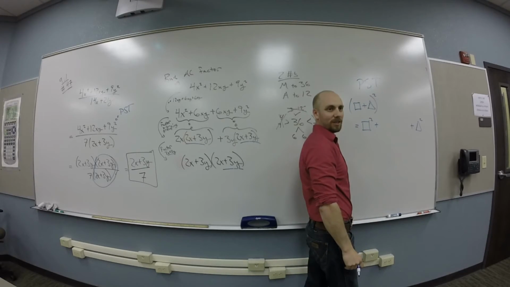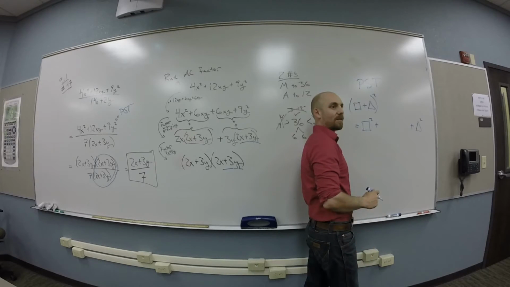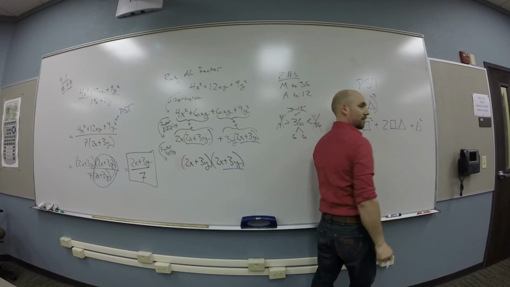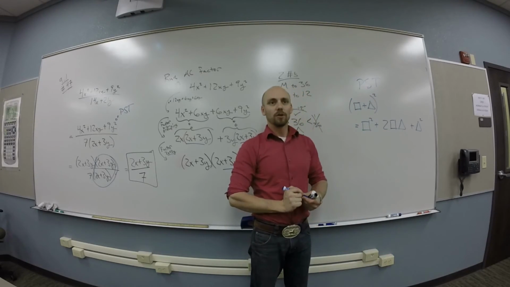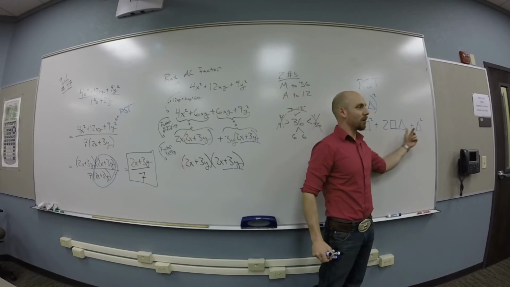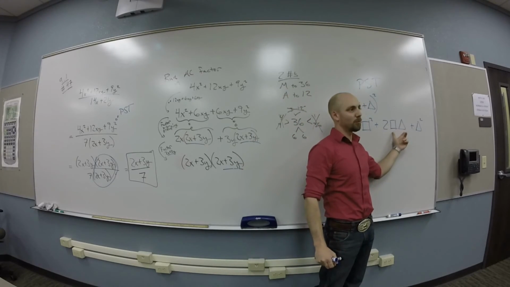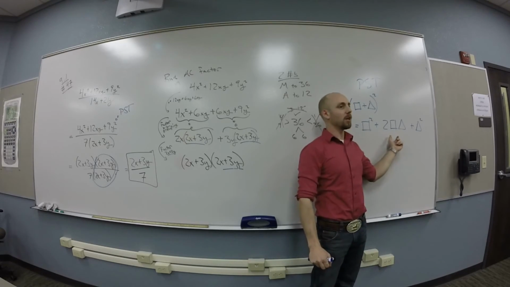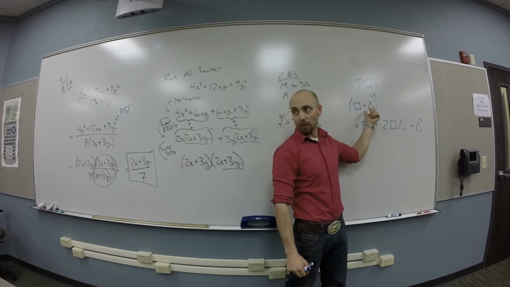And what are your outside and inside? Square triangle? Yeah, they're both square triangle and there's two of them, right? So if you see a form where there's something squared on one end, something squared on the other, and twice the somethings multiplied together in the middle, you're looking at a perfect square trinomial, and you can just pop it into this form right away.